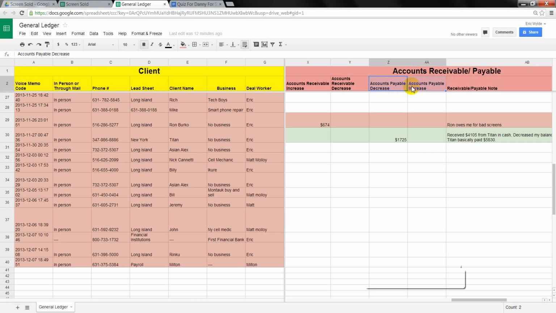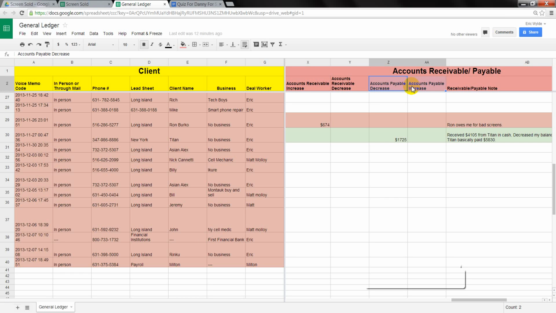If there's an accounts payable increase, we as a company owe money. When you put screens into the cracked screen inventory, the company will owe you money. So the accounts payable increase will go up. There will be an entry in accounts payable increase. If you are paid money that you were once owed, there will be an accounts payable decrease.